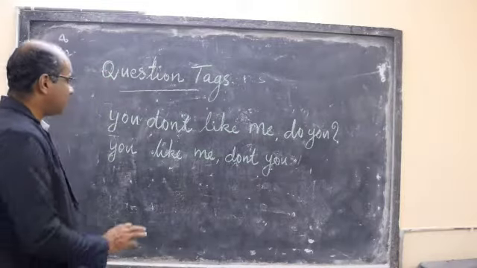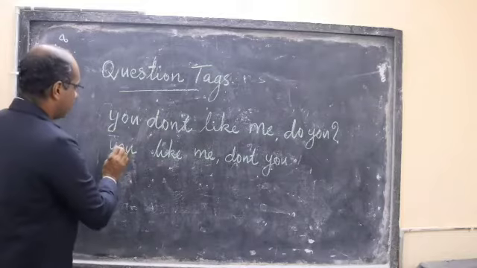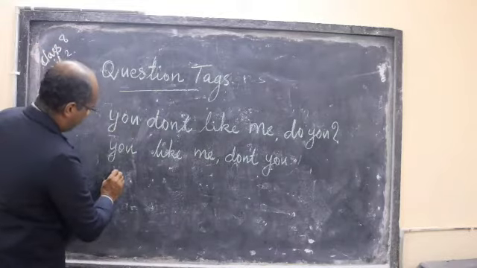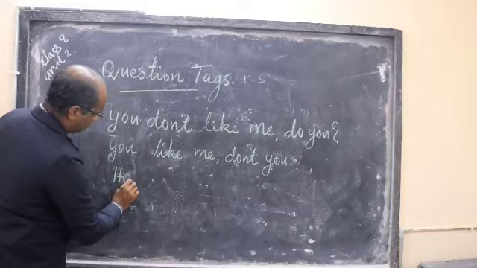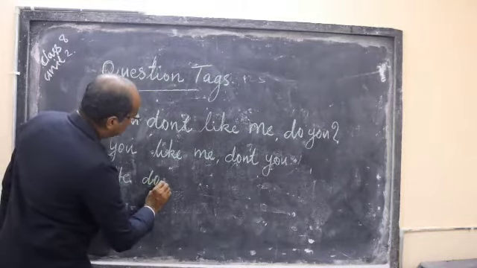Suppose you say that is a third person singular. Let us say now, he does not like me. Can you see this sentence? He does not like me. So how will be the question tag?